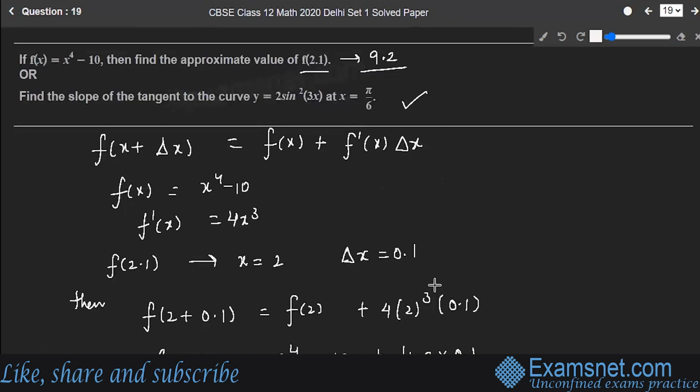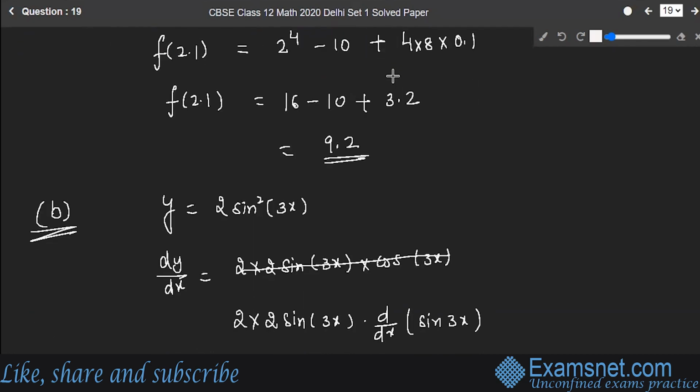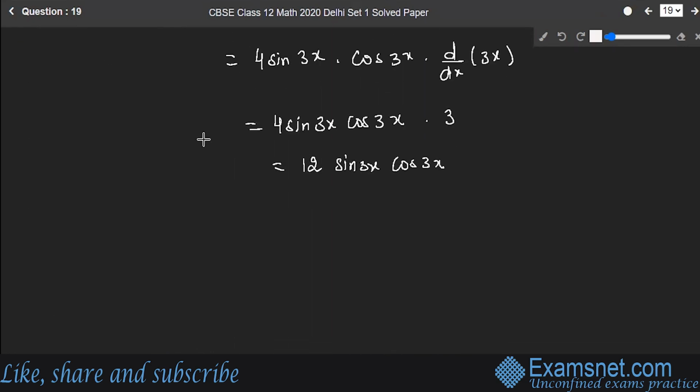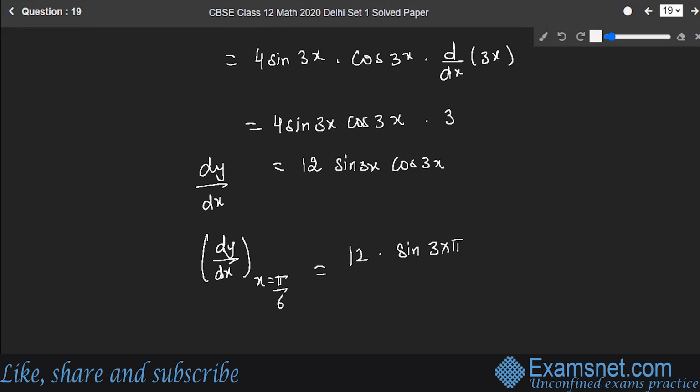You have to find the value at x is equal to pi by 6. So this was your dy by dx. So dy by dx at x is equal to pi by 6 is given by 12 into sine 3 into pi by 6 into cos 3 into pi by 6, which is equal to 12 into sine pi by 2 into cos pi by 2.